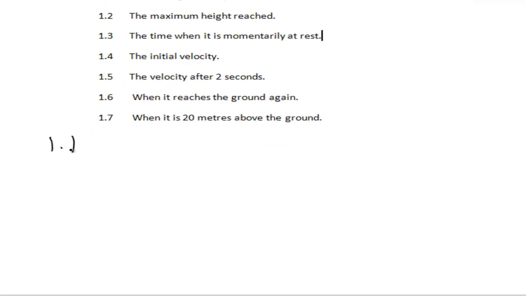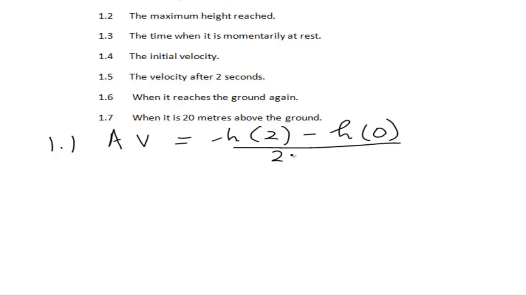Now we know that velocity is related to speed, and the change in distance divided by the change in time will give us speed, and average velocity is like average gradient, which means that over the 2 seconds it will be h of 2 minus h of 0, all divided by 2 minus 0.